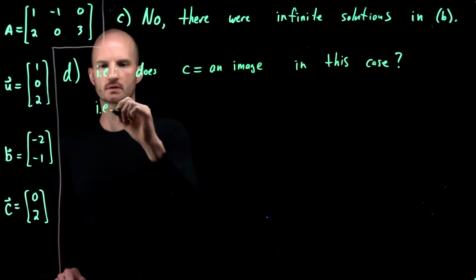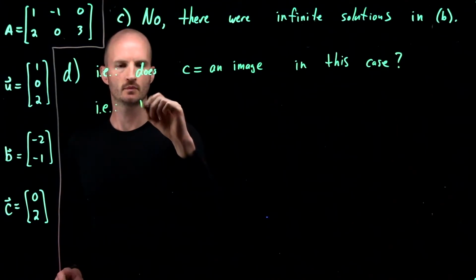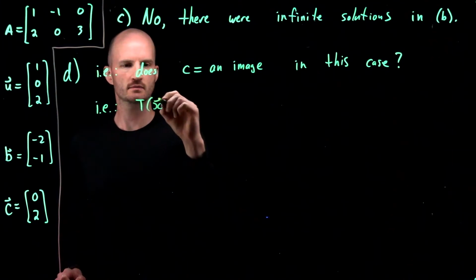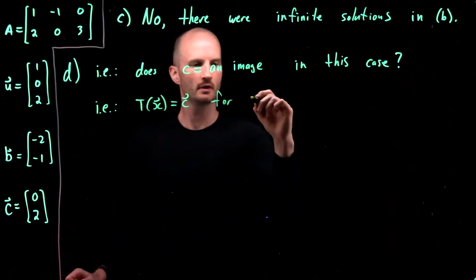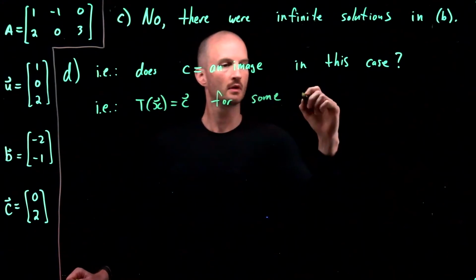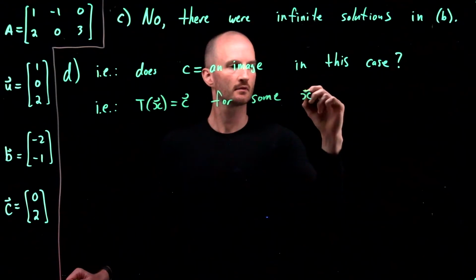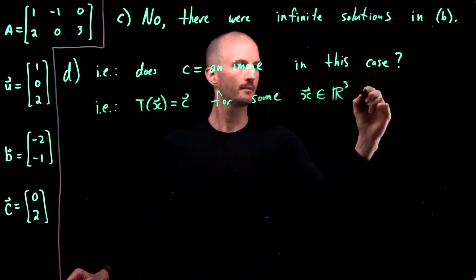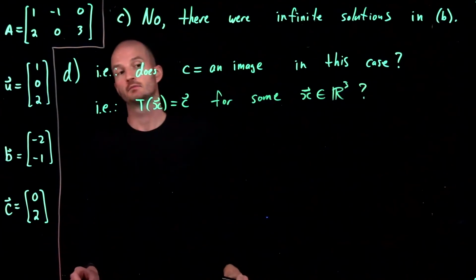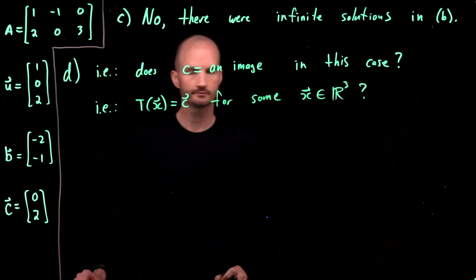In other words, i.e., does T of x equal C for some x in R3? Well, how do I figure that out?